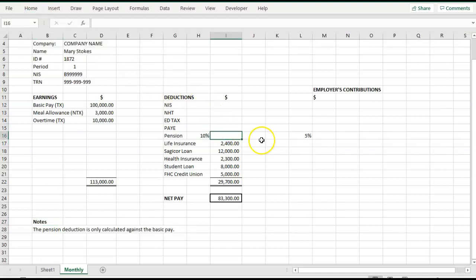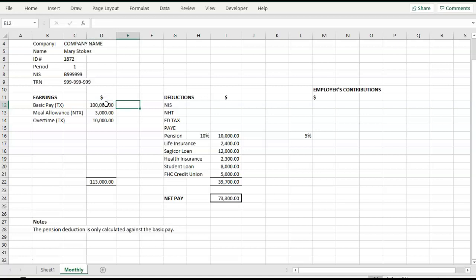So it means therefore that my formula for pension will be equal, click on my basic pay and, using my asterisk as multiplication, I'm going to now type in 10%. So no matter what my basic pay is, because I've created the formula, it will automatically calculate what that deduction is going to be.